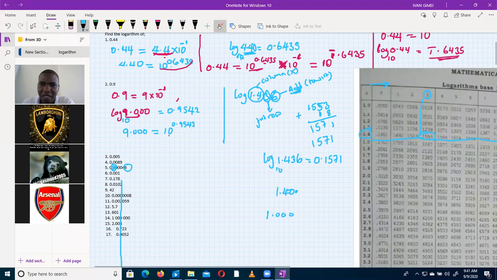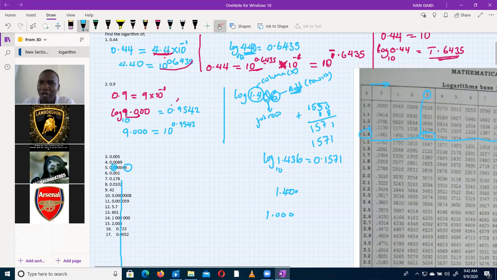I've found the logarithm of 10 as 0.9542. Logarithm of 9 as 0.9542. That's the logarithm of 9. But from the definition of logarithm, I explained that if they say logarithm of 9 to base 10 is this, they're simply saying 10 to the power of this is the same as 9. That's what I've written here.